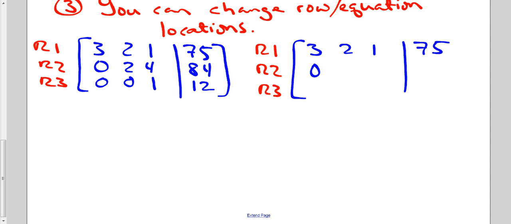What's the middle entry in row 2? Or the second entry in row 2, sorry. 2, right? It doesn't change because I'm adding 0. -4 times 1 plus 4. What's that going to be? -4 times 12 plus 84. 48. So 84 minus 48 is 36, right? Yep. Divided by 2. Yeah, let's do that. What's that become?